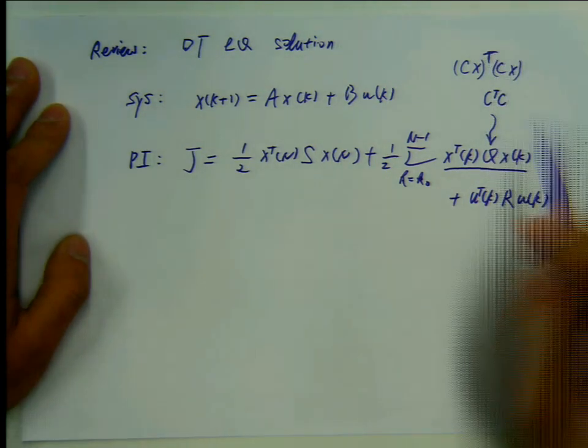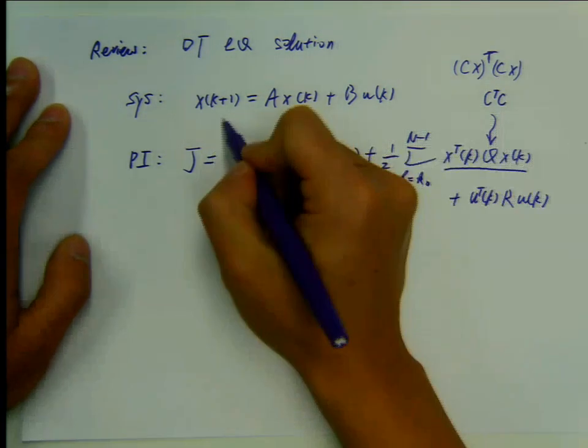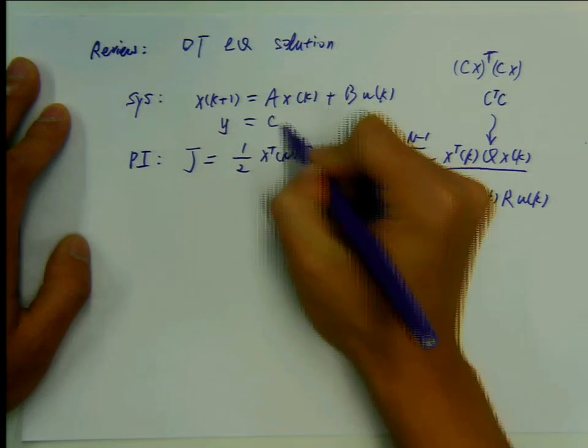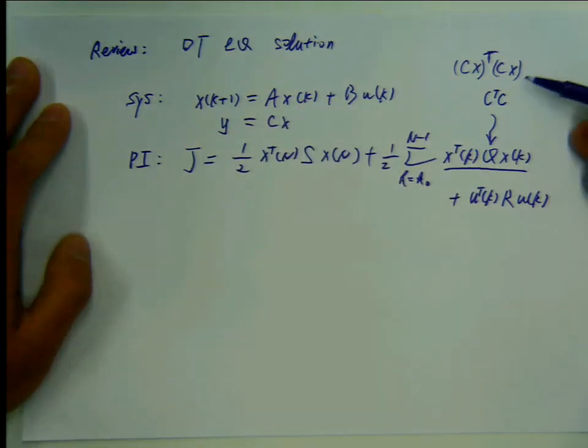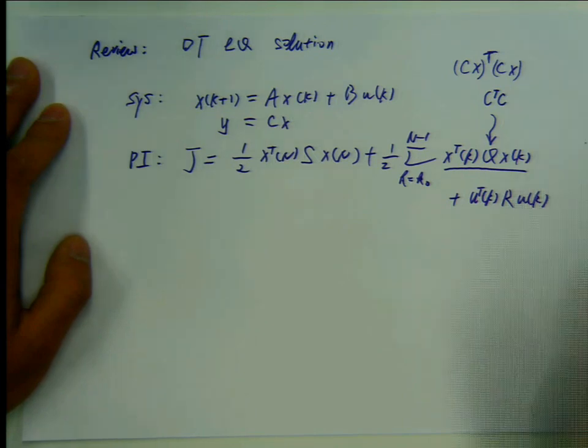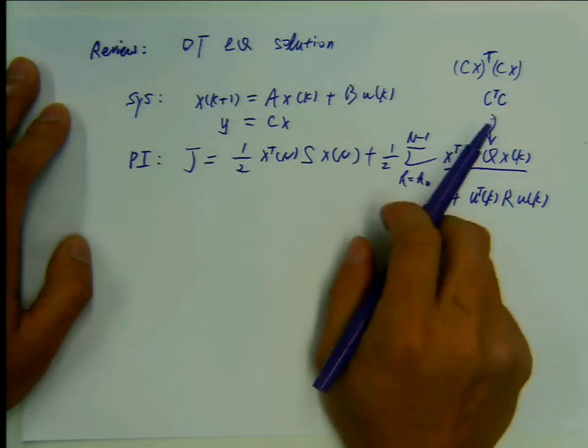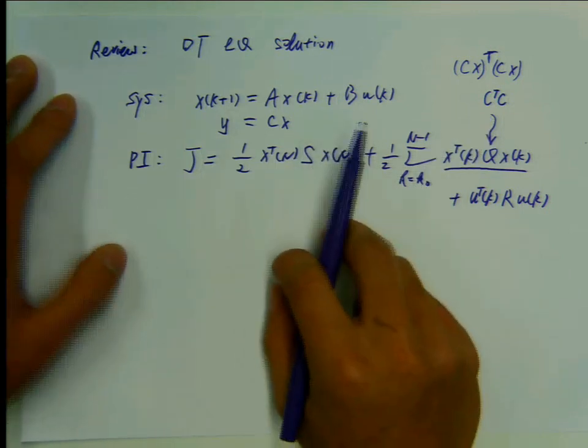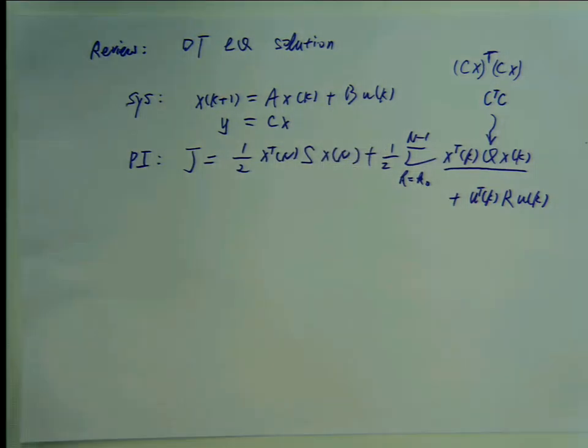In linear systems, we often write Y equals CX, so it's as if we are minimizing the output of the system. That's just a common way of writing Q. If we want to minimize Y, we should put C transpose C. Otherwise, we should select another Q.